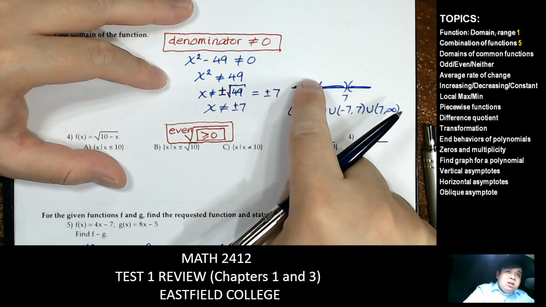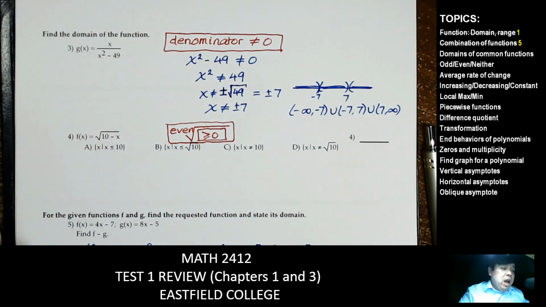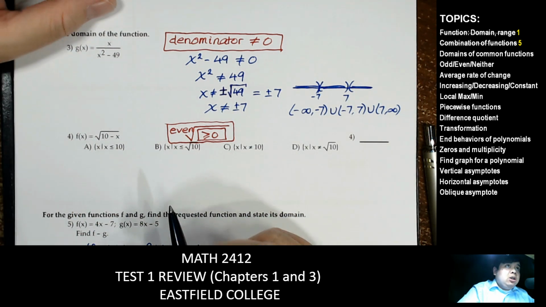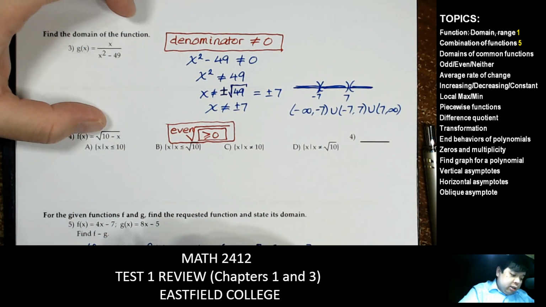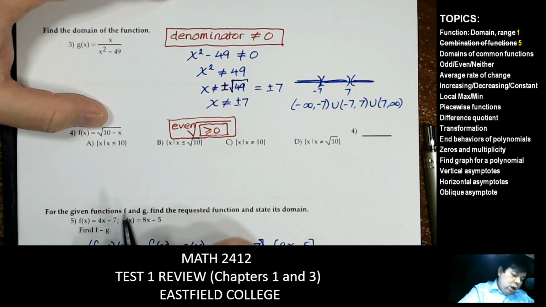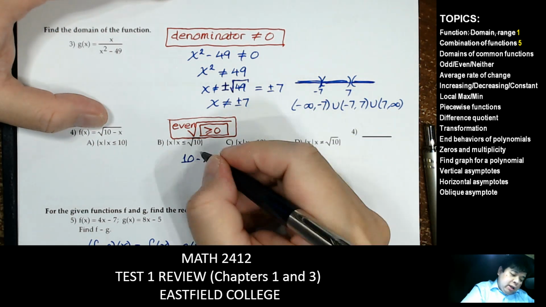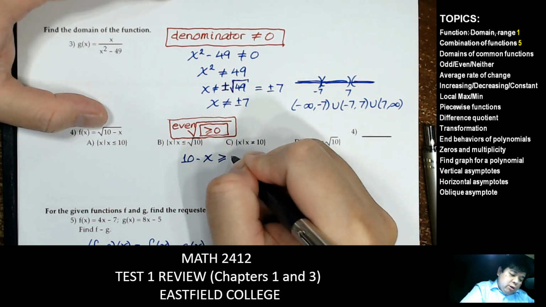Yeah, any of these is fine. Bottom line is, if we have a denominator, it cannot be equal to 0. That's the first rule. The second rule is that if we have an even root, in this case a square root, the inside of that has to be greater than or equal to 0.